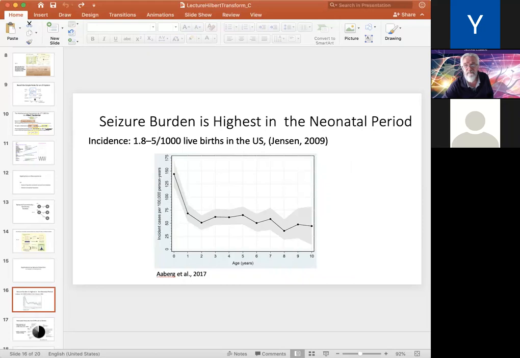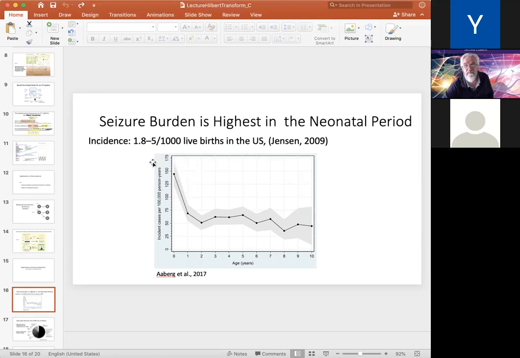As you were introduced to last week, seizures are classified as abnormal hypersynchronous activity in the neurons of the central nervous system. And neonatal seizures specifically are those that occur in the neonatal period, which is within the first month of life. As you can see in this graph on the slide that Vim has up, seizure burden is highest actually in the neonatal period.